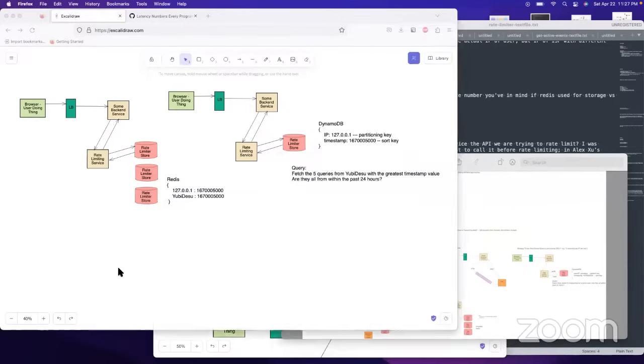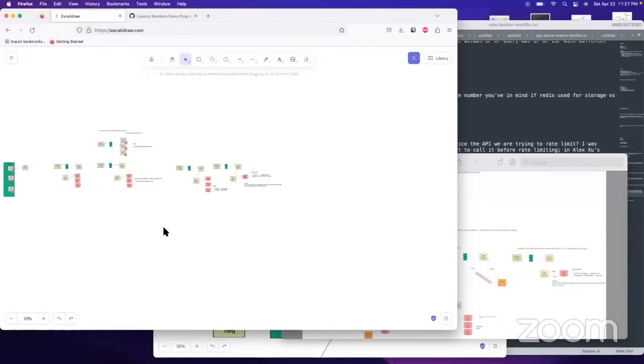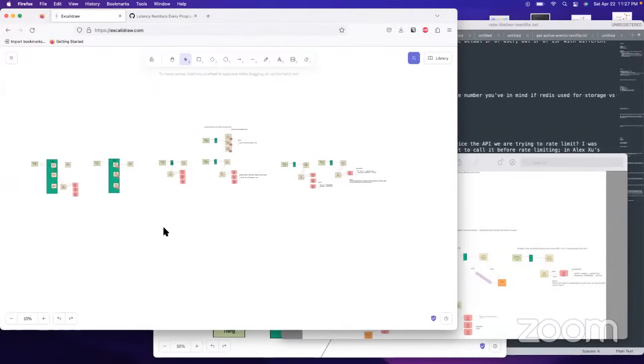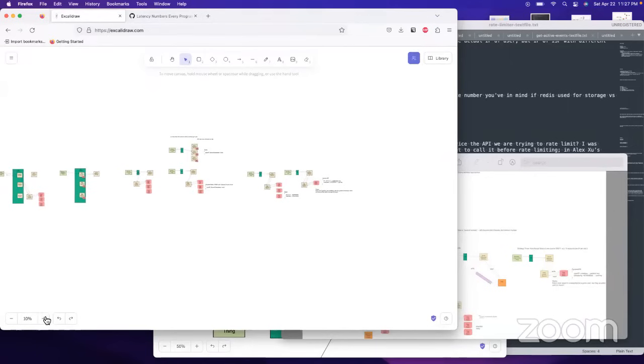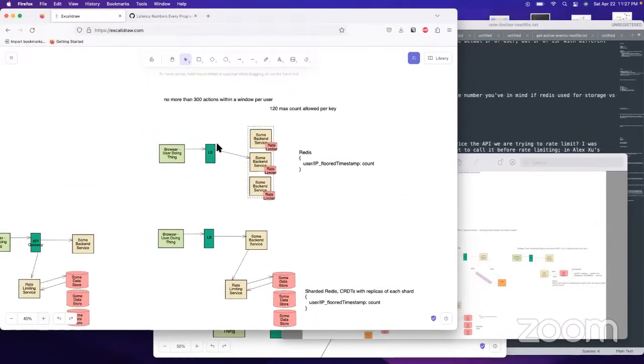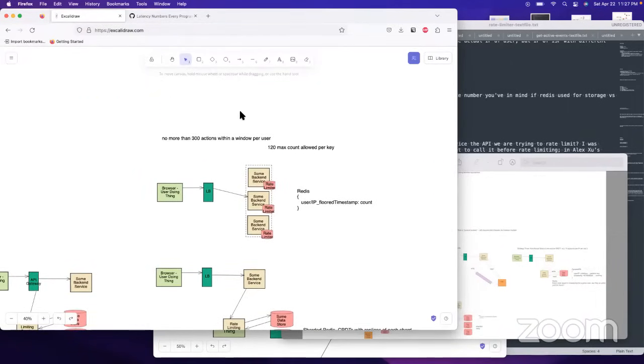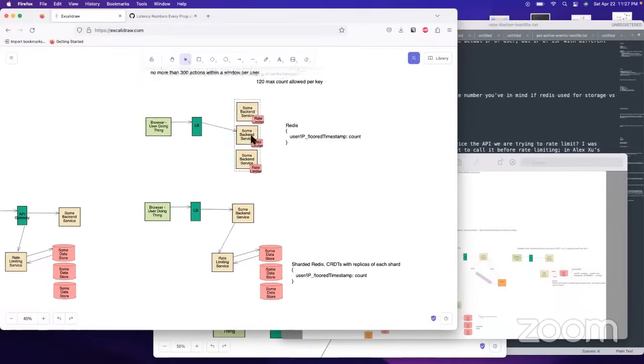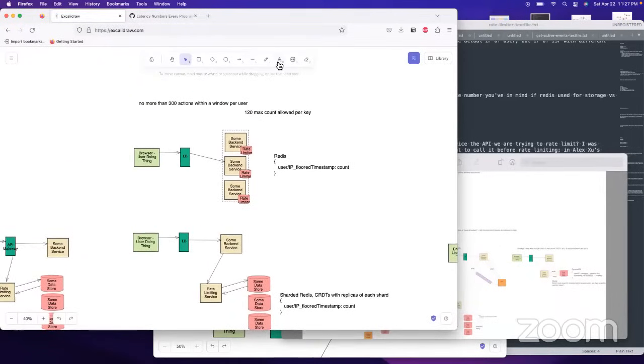Let's go ahead and draw that. It's going to be a standalone service, and in this case, I would expect that if you're doing client-specific values, you're probably going to want to do a standalone service. So the ones up in this row are for doing per machine rate limiter on that row.